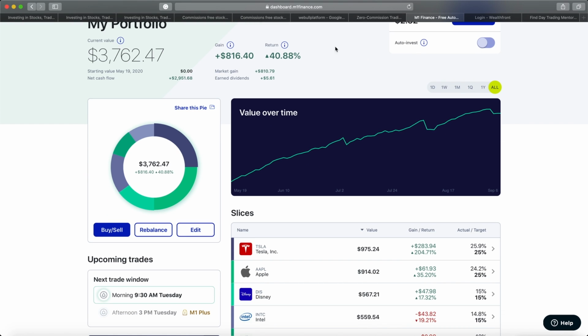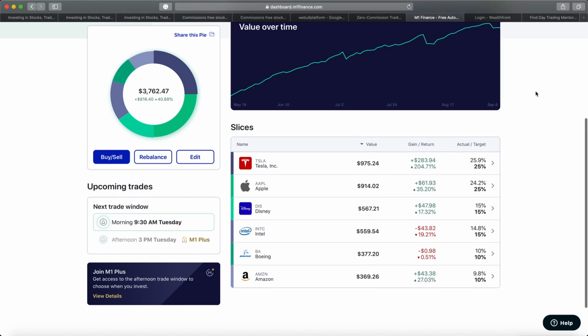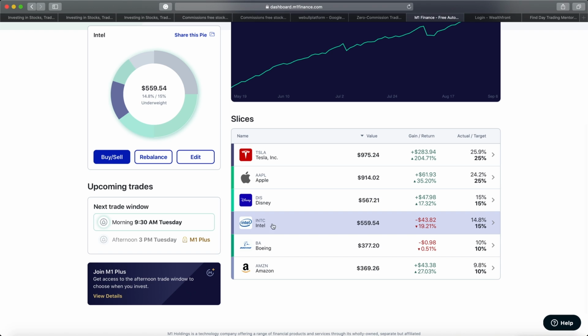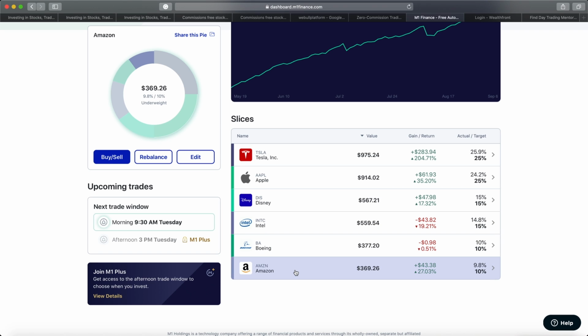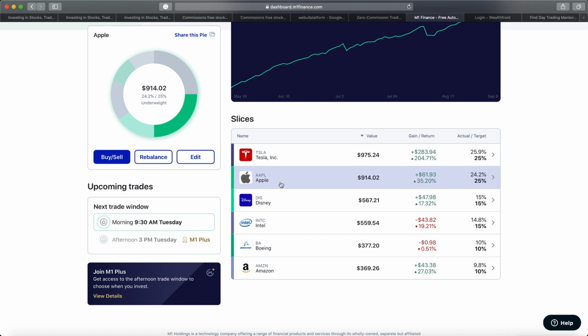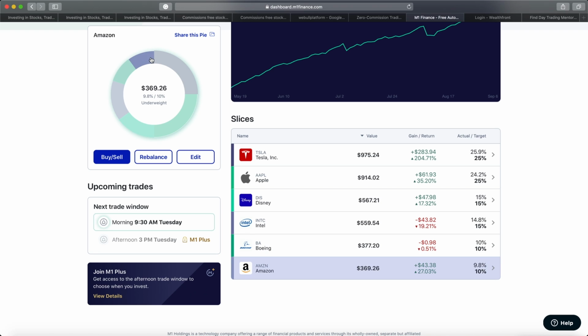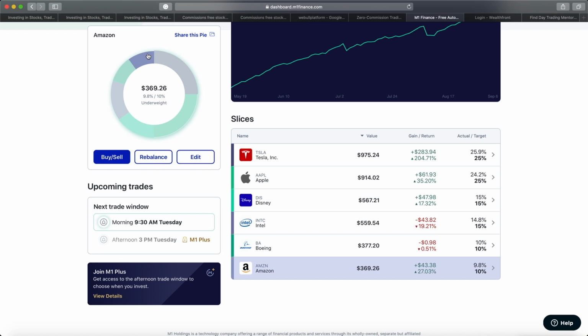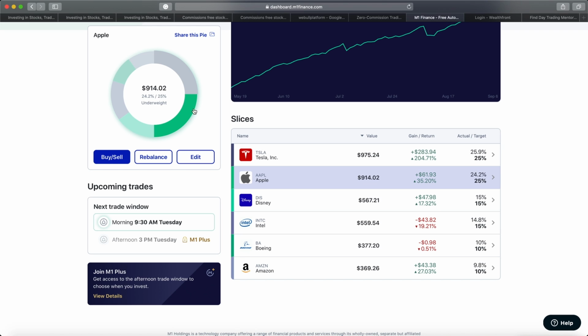But M1 Finance is great because you can pick some companies you like. Here you see I have Tesla, Apple, Disney, Intel, Boeing, and Amazon. And you deposit whatever amount of money you have, and it separates it between buying in this pie. The pie itself is basically your stocks and how much of your money you want invested in each.